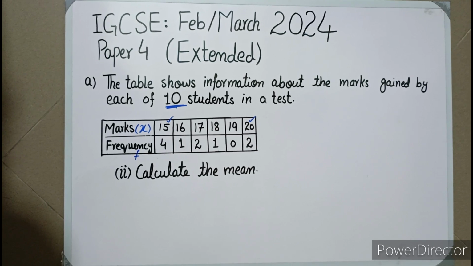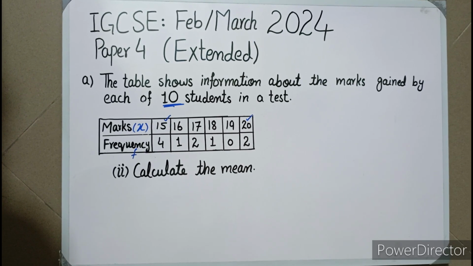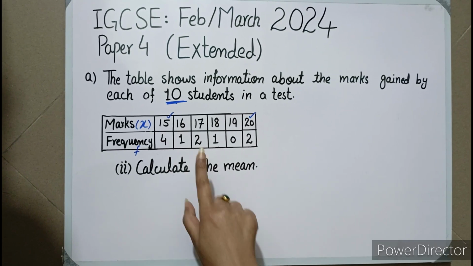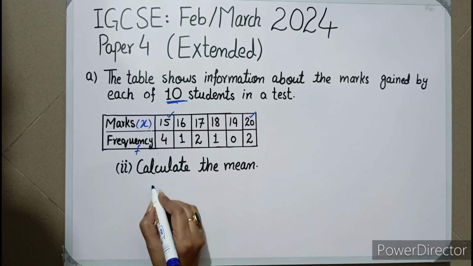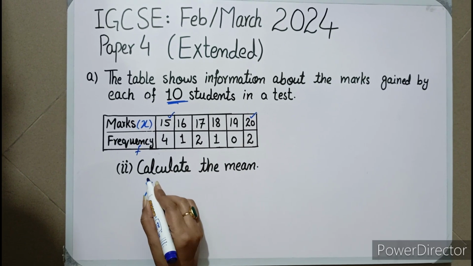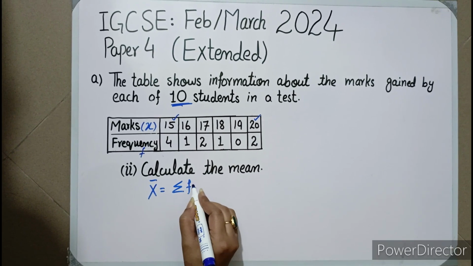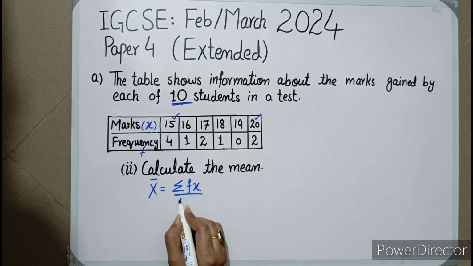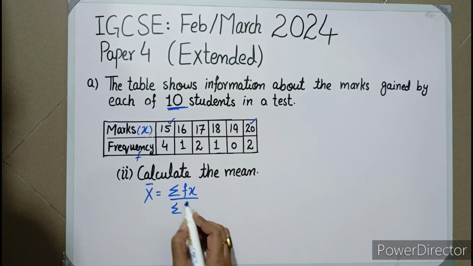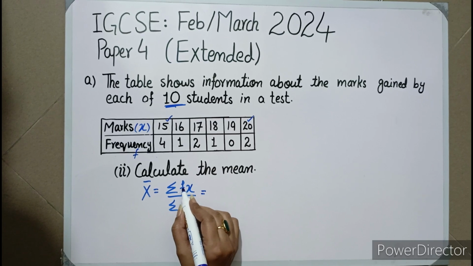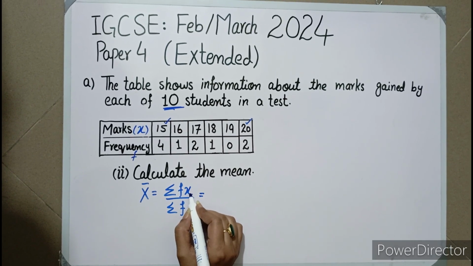The next question is to calculate the mean. You have to use this table to calculate the mean of the data. We know that the formula for mean is summation fx over summation f. Summation means sum. fx means you have to multiply f with the relevant x.